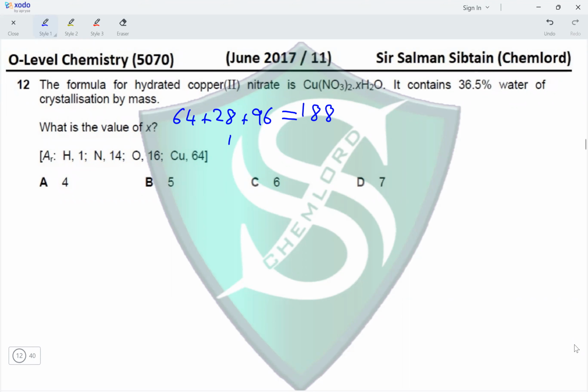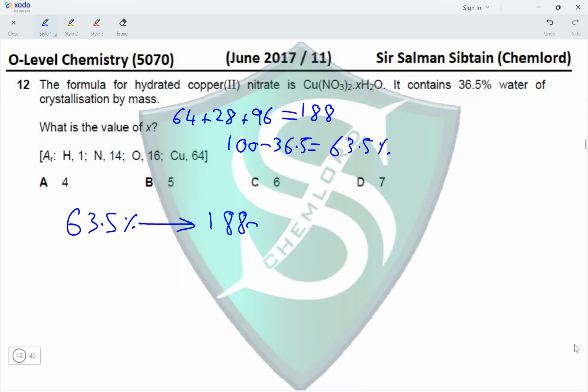So 188 is the mass of anhydrous copper nitrate, and the percentage of copper nitrate in the hydrated copper nitrate would be 100 minus 36.5, giving us a value of 63.5%. Therefore, if 63.5% is equal to 188 grams, then 100% of the mass would be equal to how much?